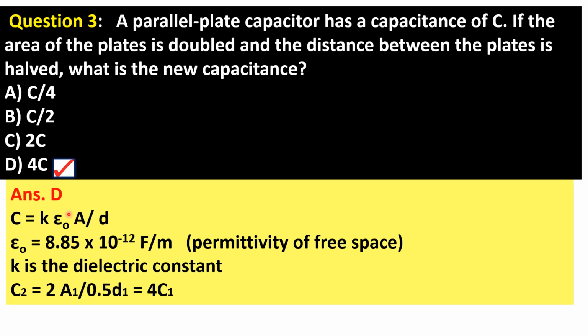We have the formula for relating the capacitance of a given capacitor in terms of the following quantities. K here refers to the dielectric constant, the constant of proportionality of the insulating material between the two charged plates.